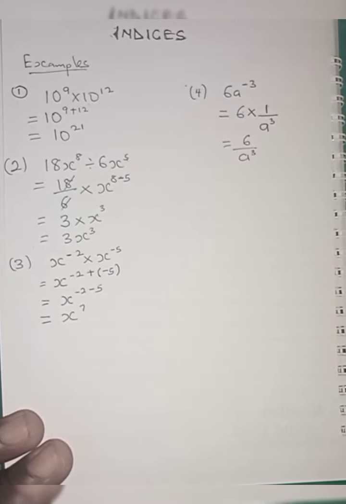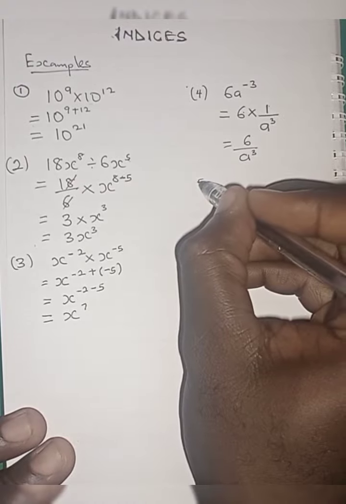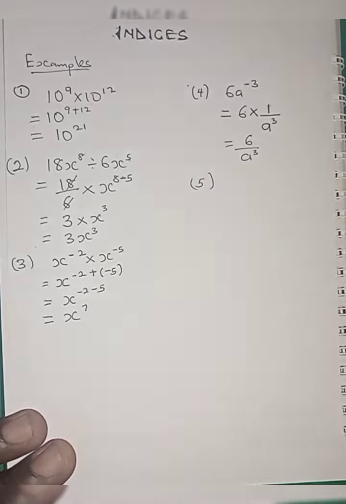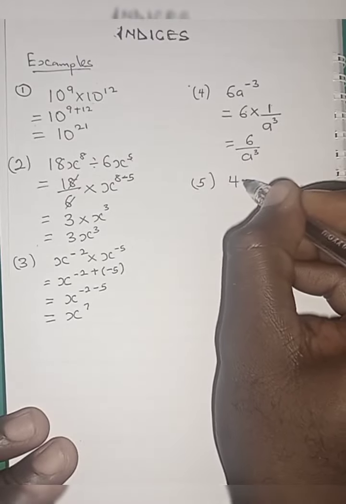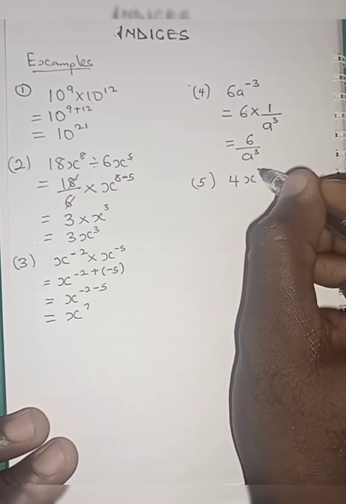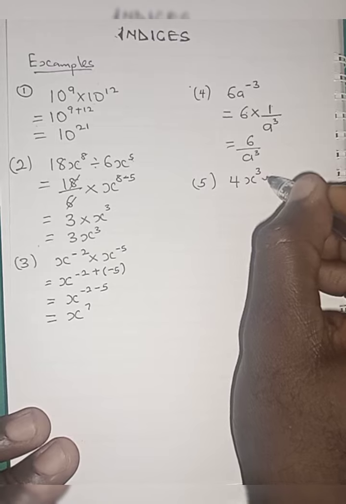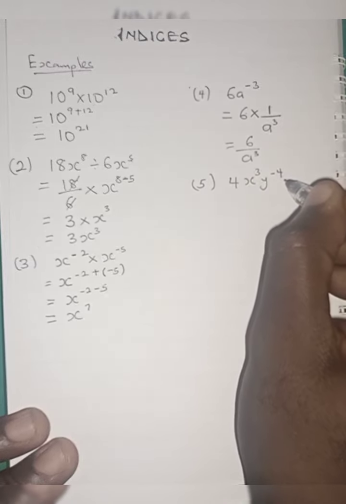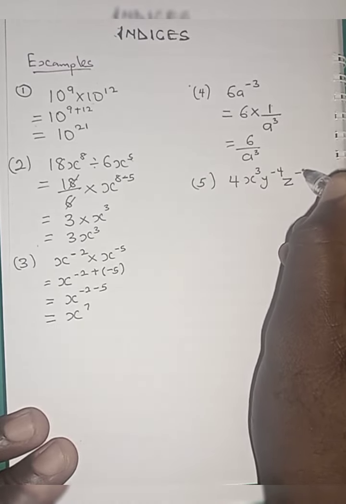Alright, let's look at the fifth example. If you have 4x raised to power 3, y raised to power minus 4, and z raised to power minus 2, let's take a look at this.